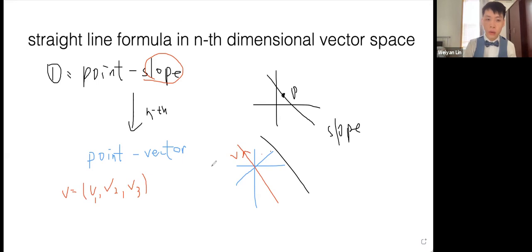So let's use tv, such that t is any number from the real line, any real number, and it represents this straight line. So this is a one-to-one correspondence. Does everybody clear?